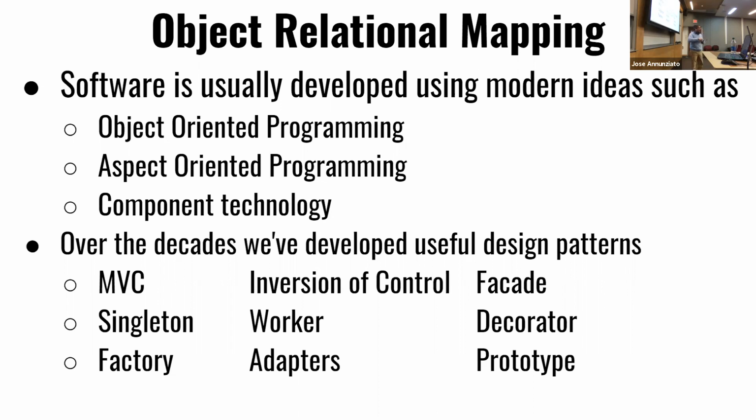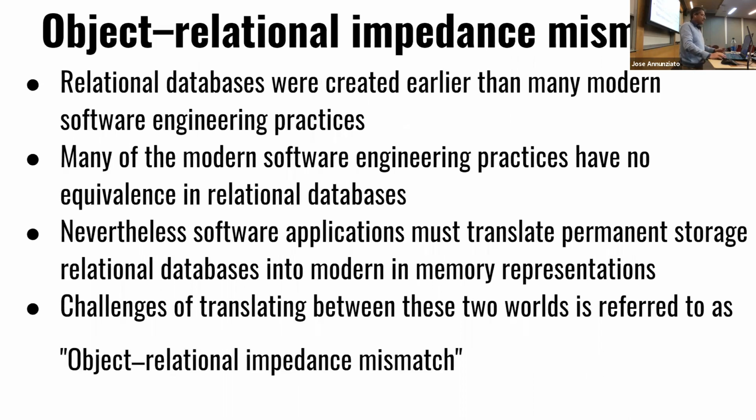So when we want to read data from the relational world and bring it into the application, there are some challenges that we need to consider. It's not one-to-one. As I mentioned earlier, these differences between these two worlds are often referred to as the impedance problem.